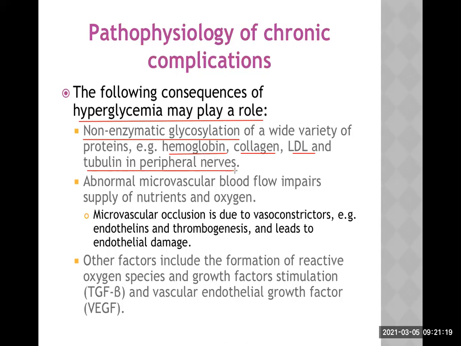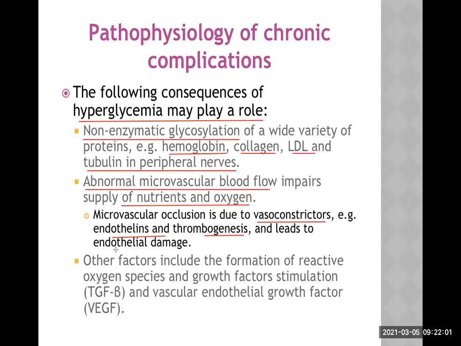Now, the size of these proteins, okay, will become bigger. As a result of that, they can cause a lot of problem. They may become dysfunctional, or they can easily stick to certain other substances. So this is one of the major factor. Another one, abnormal microvascular blood flow, impairing the supply of nutrients and oxygen. Definitely. And that is done by different types of vasoconstrictor, which are increasingly synthesized inside the blood vessel, like endothelin, okay, and different thrombogenetic factor.